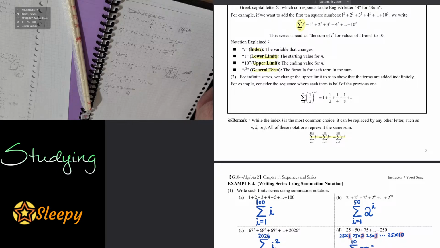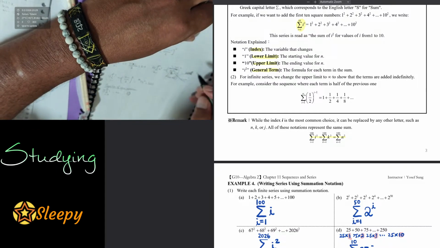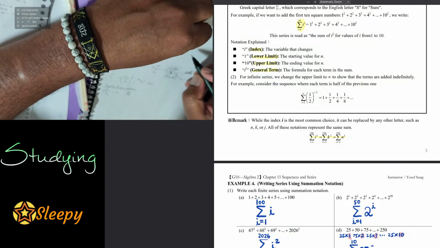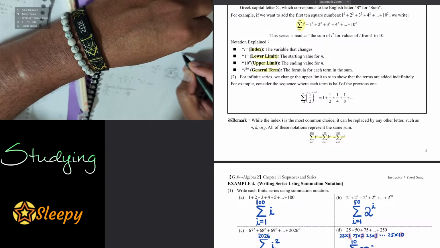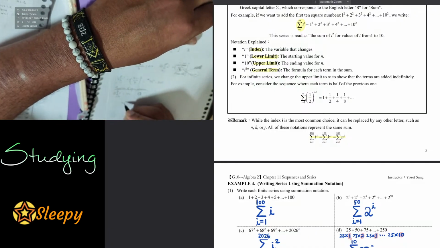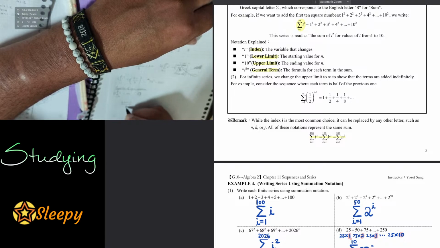If you do this, okay? Yeah. So if you have like n plus 1 and 2, then it's squared.